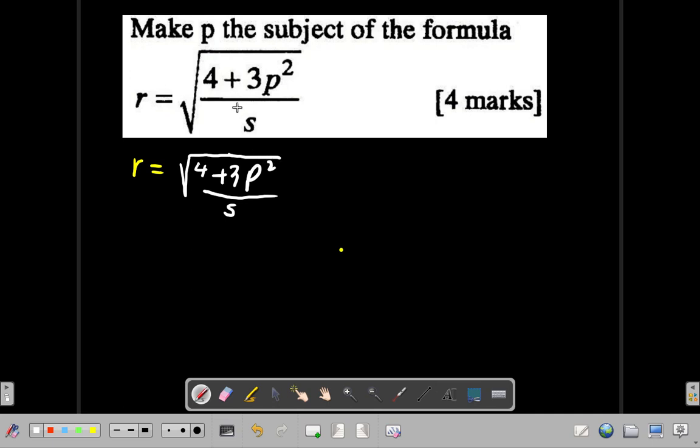You have this term here, all surrounded by all of this under a square root sign, right? All of this you have under a square root sign. So the question is, what do you do? You remove the square root sign, because you can't really move anything here until you remove the square root sign.